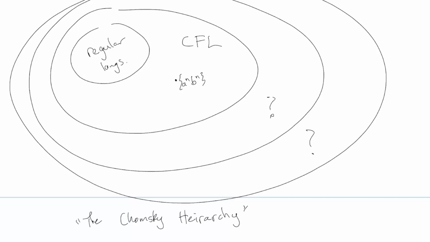I don't think Chomsky was thinking of regular languages in terms of NFAs. I think he was thinking of this as the domain of linear grammars, and then this is the domain of context-free grammars, and then he made some even more complicated categories beyond that. But yeah, this is called the Chomsky hierarchy of grammars, or Chomsky hierarchy of languages. And this is the structure for a lot of the rest of the semester.